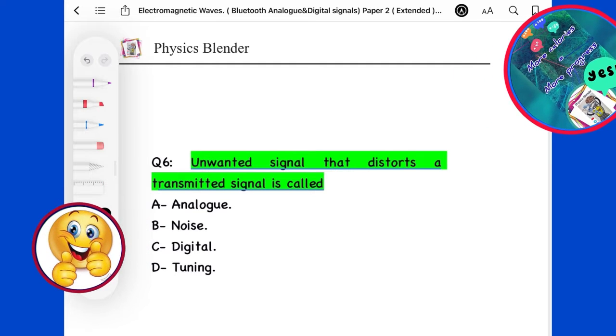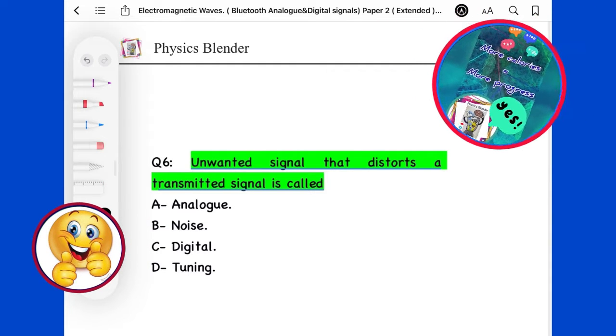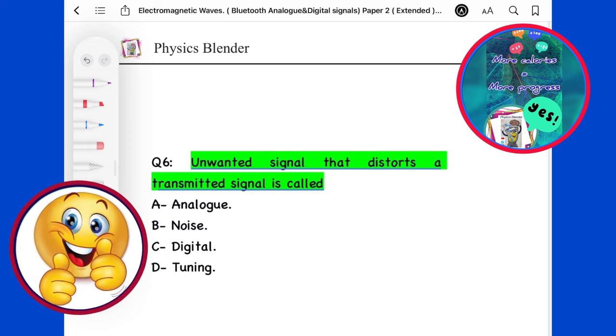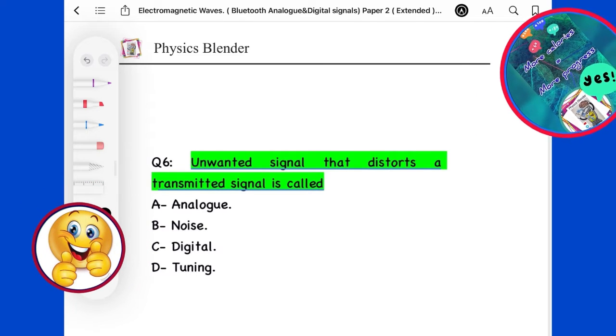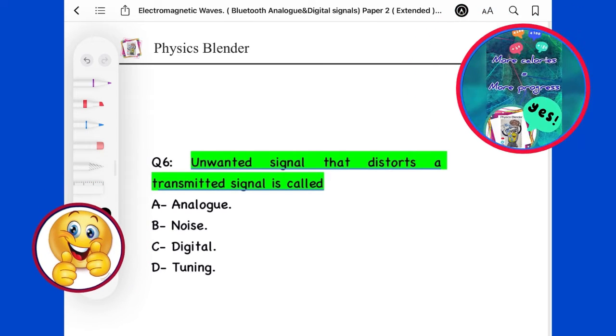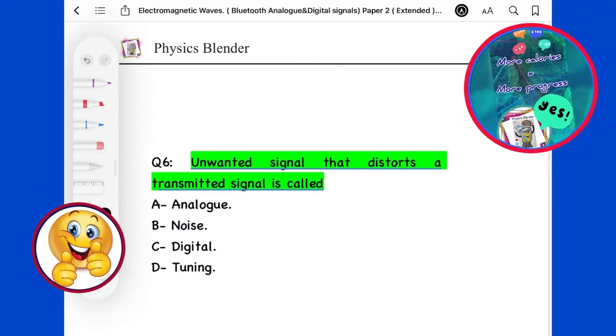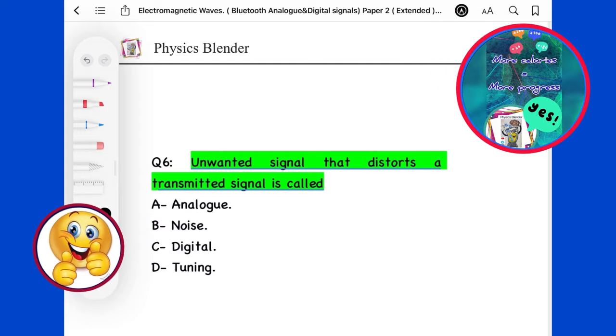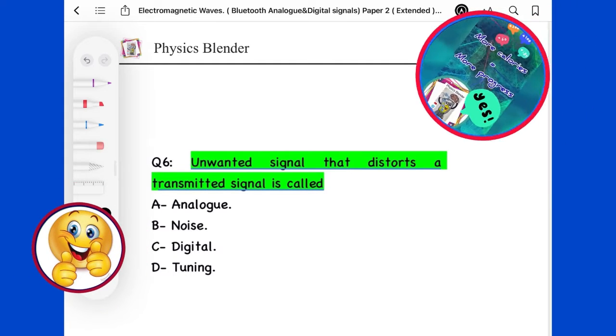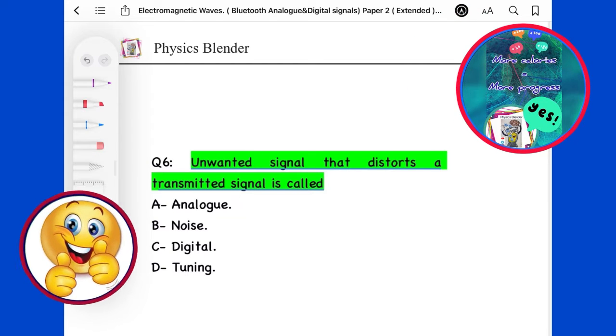When you connect a microphone to a cathode ray oscilloscope, you can see this sine wave representing sound, and that's how you can see sound waves. You are just converting sound waves to electrical signal. But this kind of electrical signal is an analog signal.